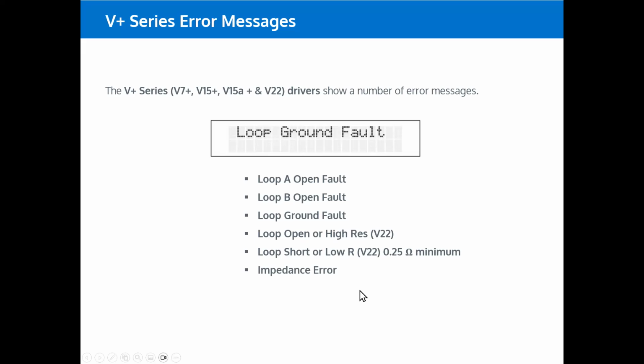And then finally, you will get another message, which is an impedance error. This is where it's not the ground fault where the loop is physically connected to ground.